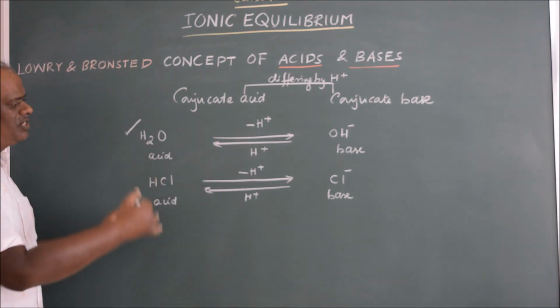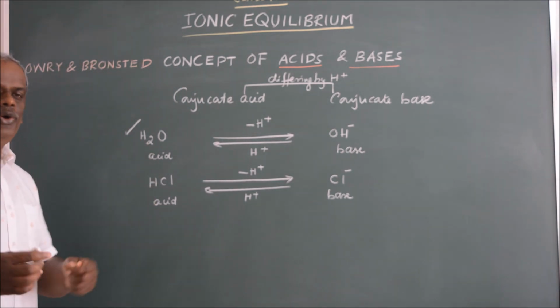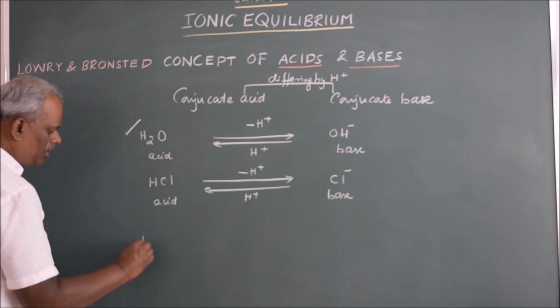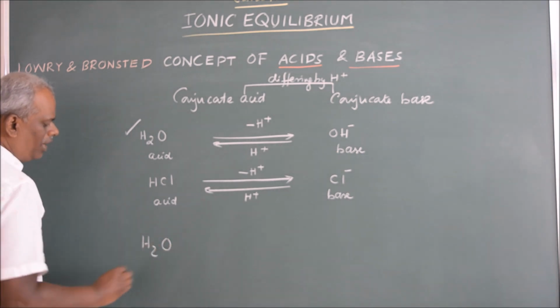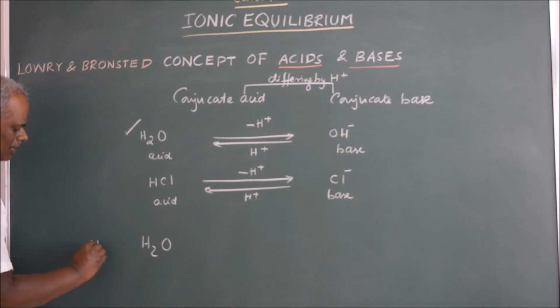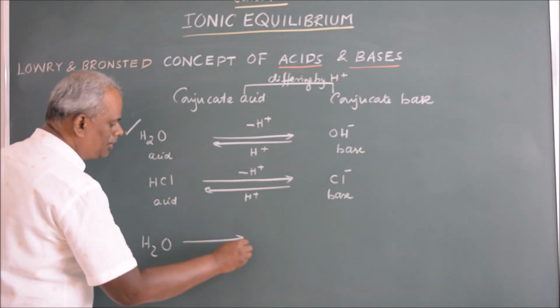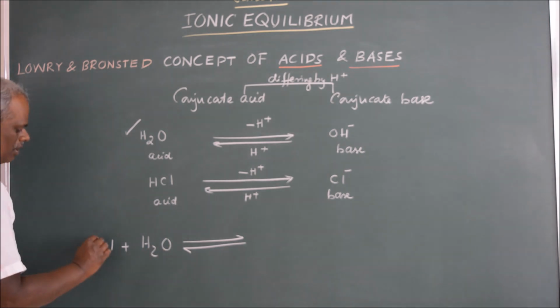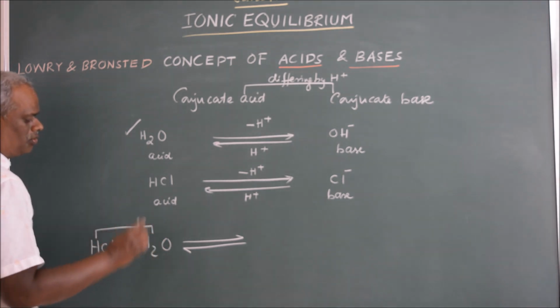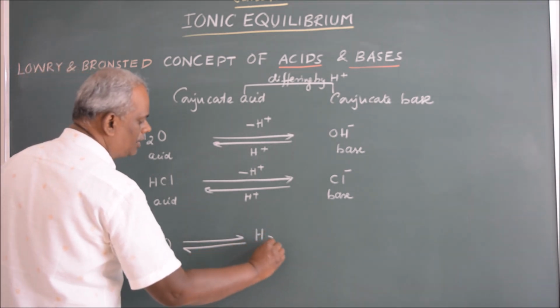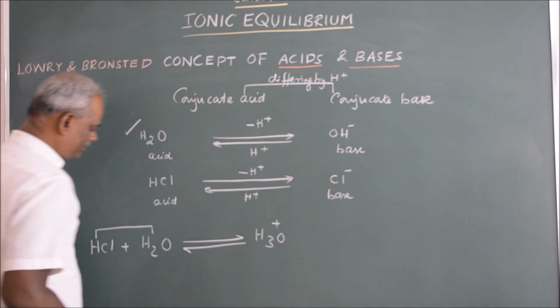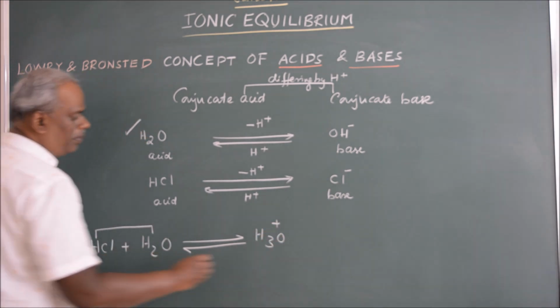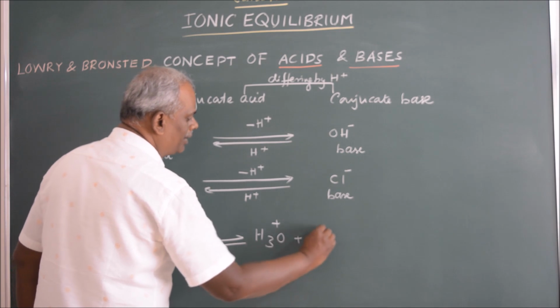Suppose these two are taken together, then how do you understand this concept? H2O and HCl are taken together. We know that these two can interact with each other. After transfer of a proton to H2O, the result is H3O plus. The remaining part is Cl minus.